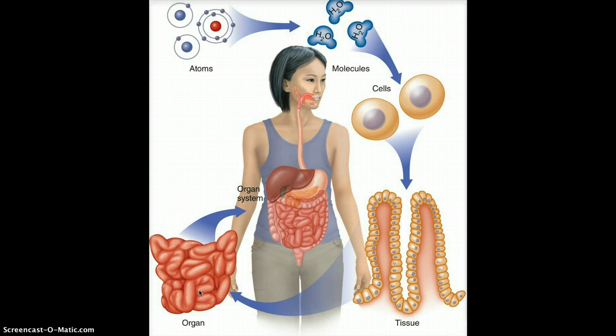And then once you have a group of organs that work together to form a specific function, then that's called a system. So that's things like our respiratory system, our gastrointestinal system. Okay, those are all systems. And then all of our systems working together makes a full human. All right, all done.